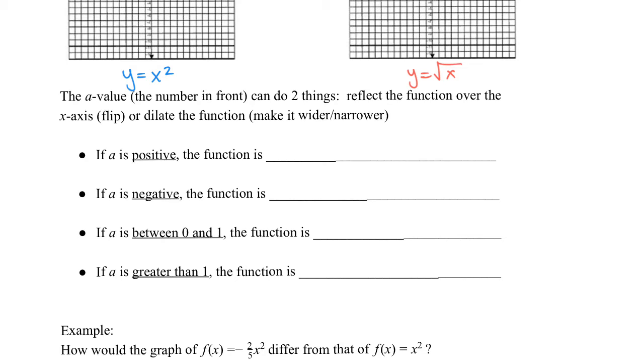Let's see what happens here. If a is positive, the function is basically normal. There's no change if a is positive. But if a is negative, it's reflected over the x-axis.